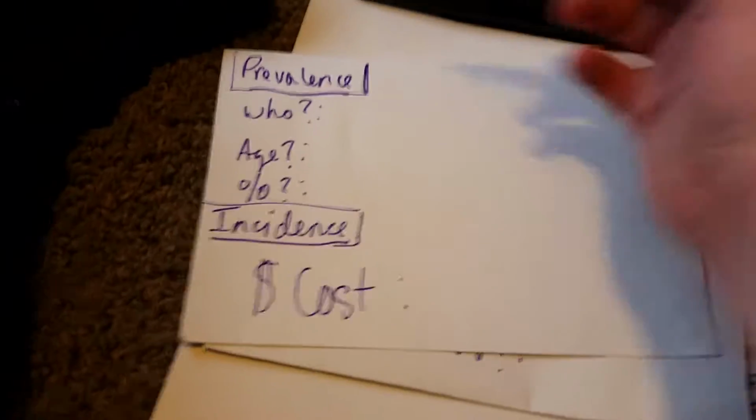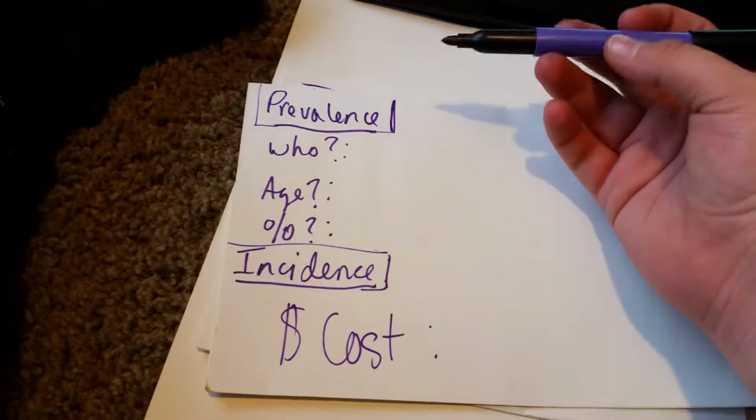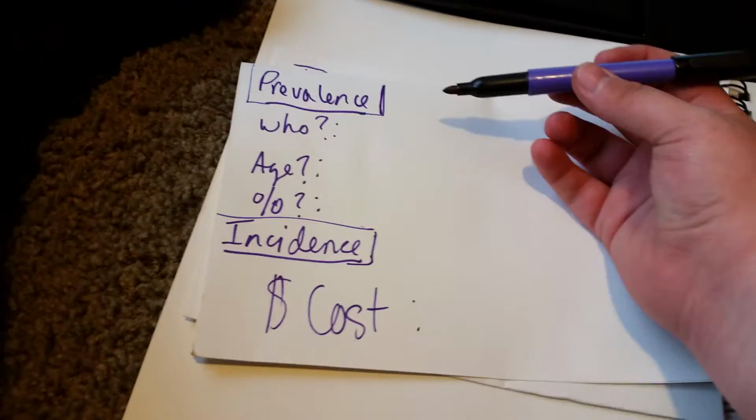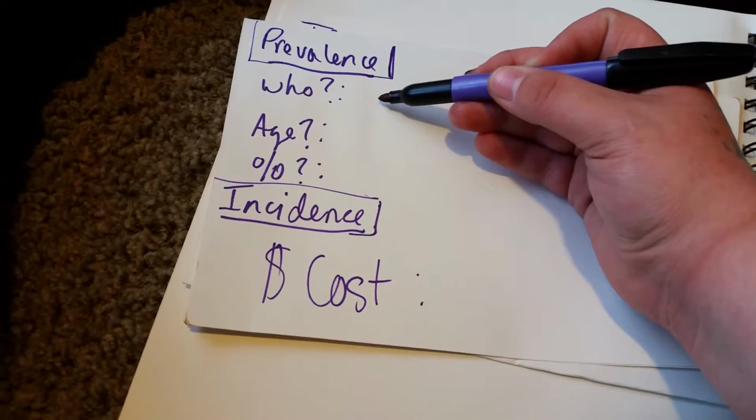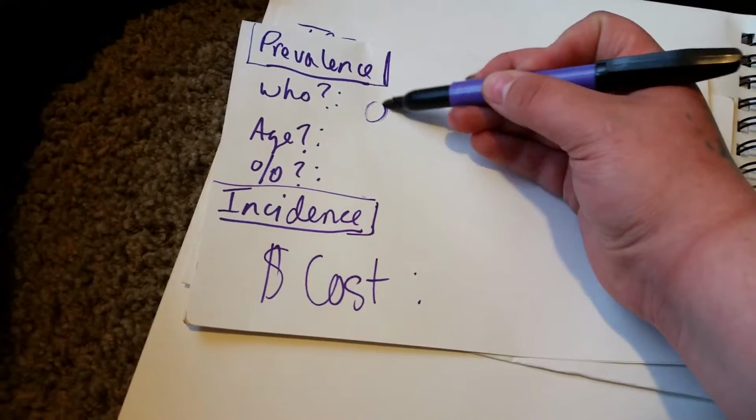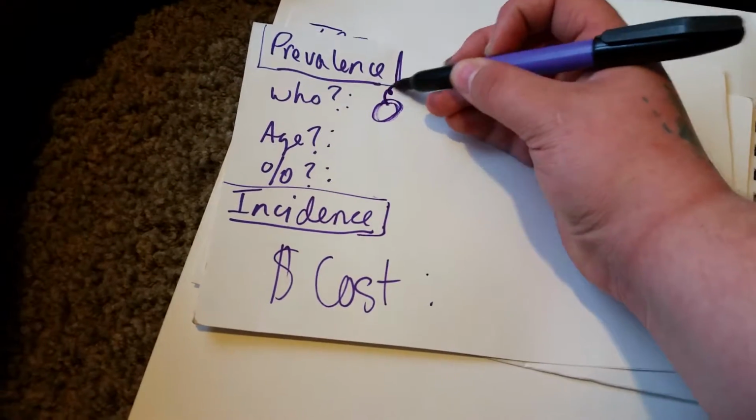The prevalence of parasomnia. Who does it affect? Parasomnia affects more children than it does adults.